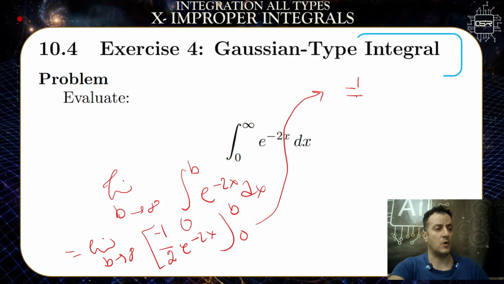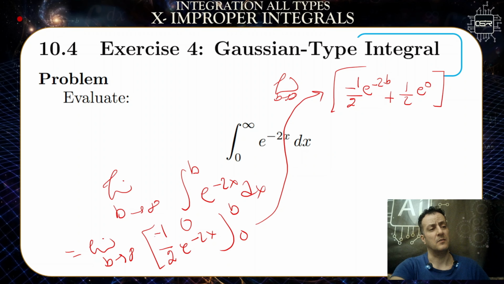So minus 1 half e to the minus 2b, then minus minus becomes plus 1 half e to the 0. e to the 0 is equal to 1. So the limit for b approaching infinity, e to the minus 2b becomes e to the minus infinity, which is 0.